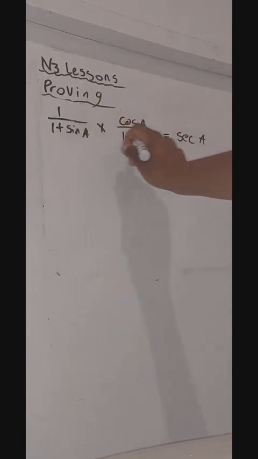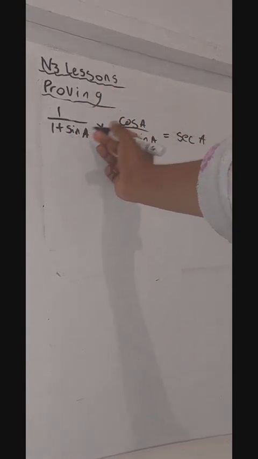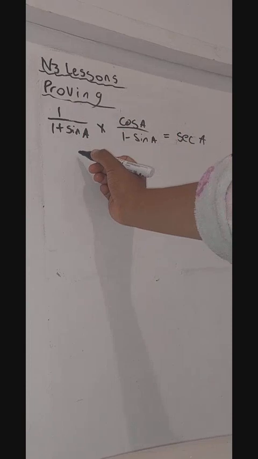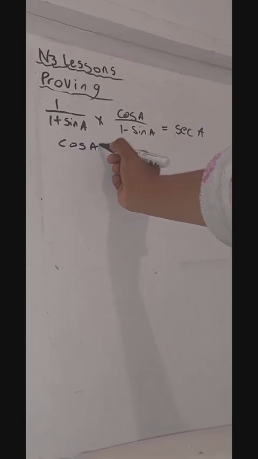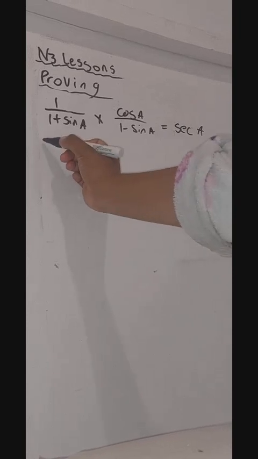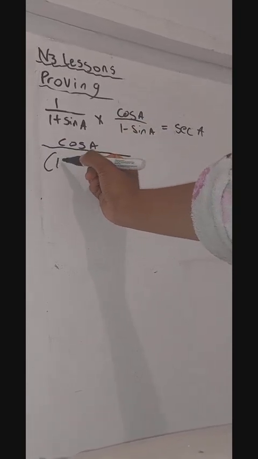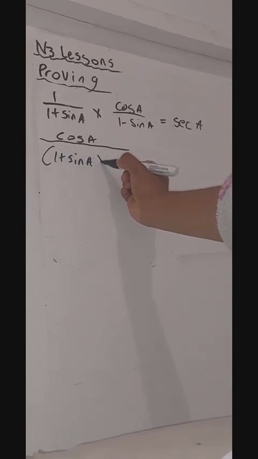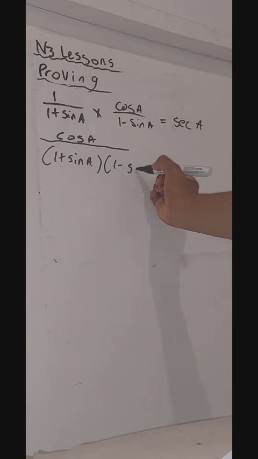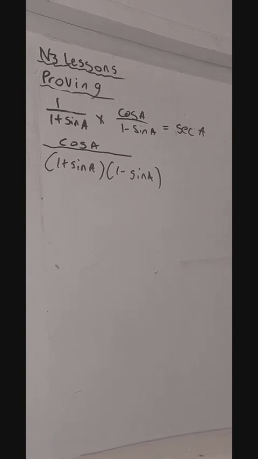So since we are multiplying, we just multiply. 1 times cos A is cos A, and then over 1 plus sine A times 1 minus sine A.